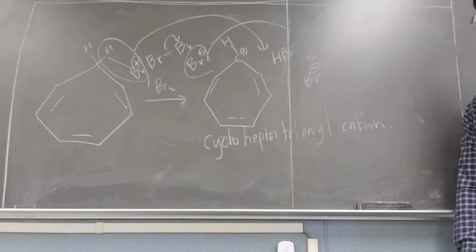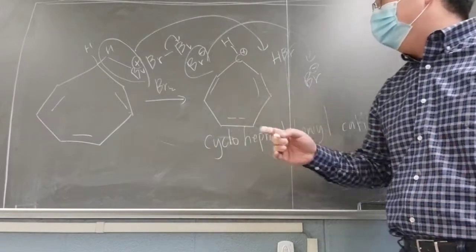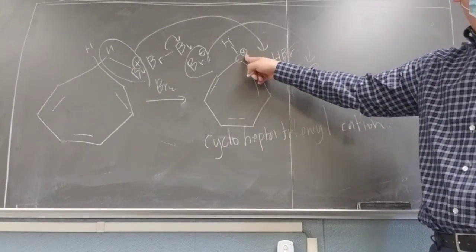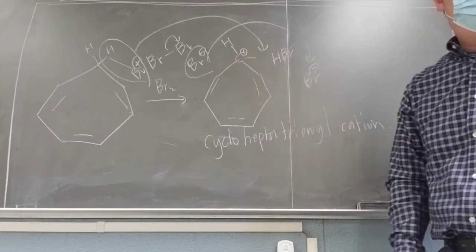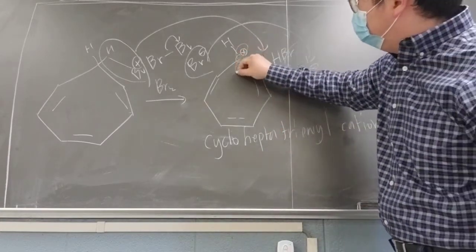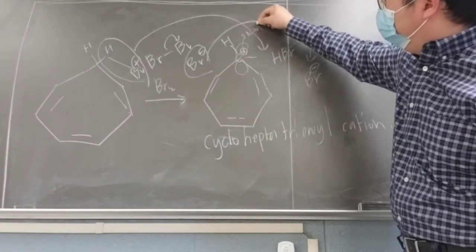Unlike the one we did before, this one actually has no electron at all on the p orbital because it's a positive charge. It lost the electron there, so that's why it's positive. When you look at this p orbital in this carbon, it's vacant. There's nothing there, no electrons.